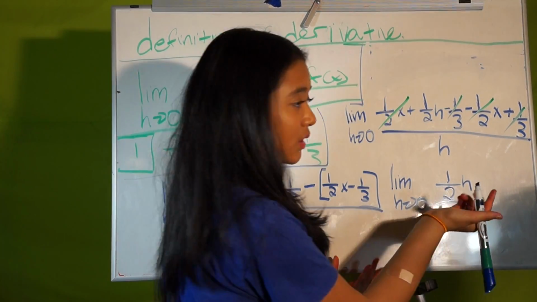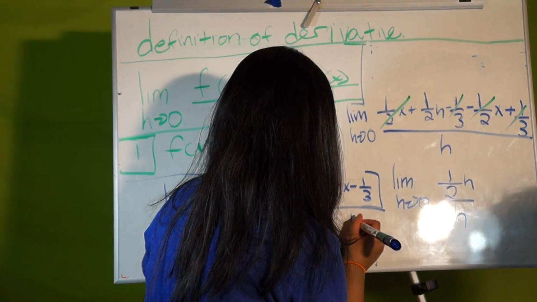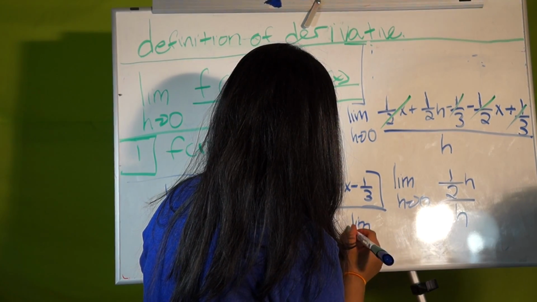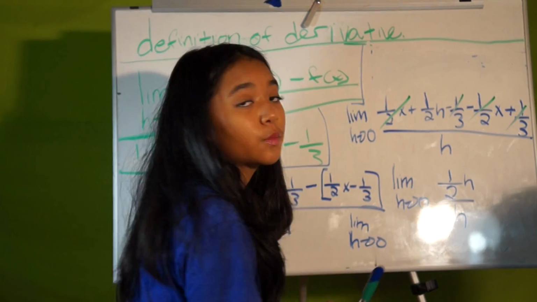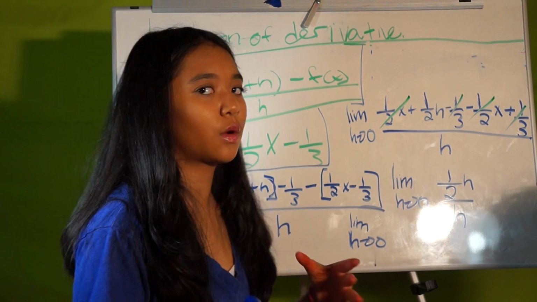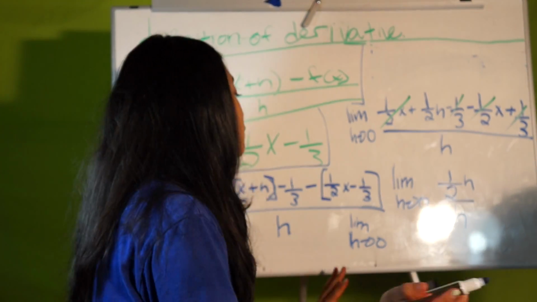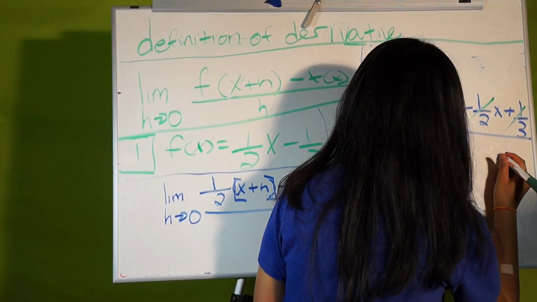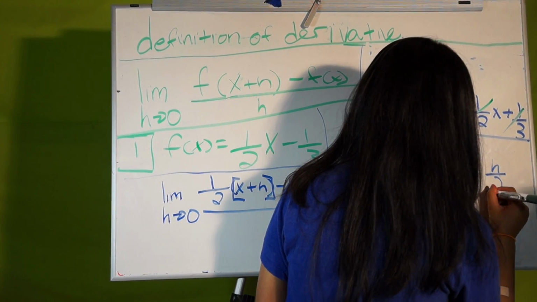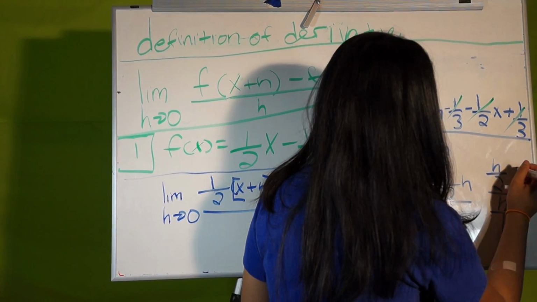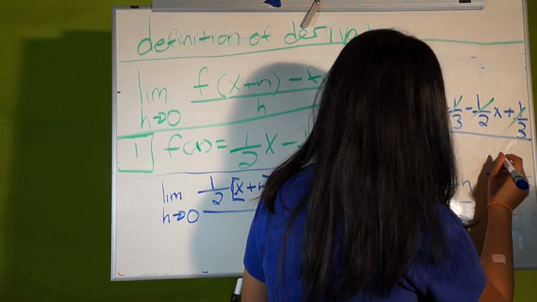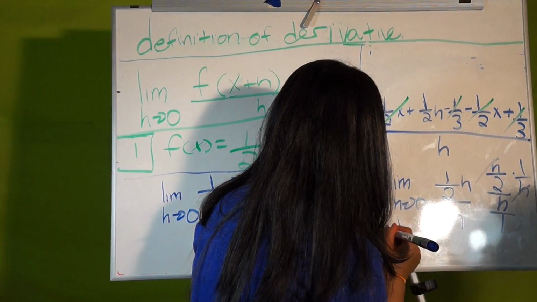Remember, don't just plug in 0 right away, because you'll think it's 0. No, it's not 0. This can be rewritten as h over 2 all over h over 1, and basically the h's cancel out, leaving 1/2.